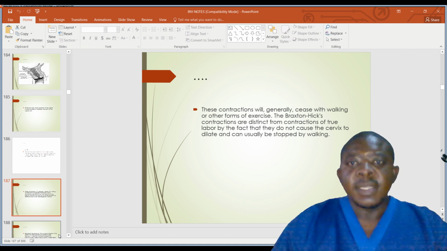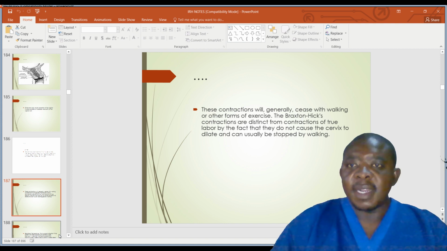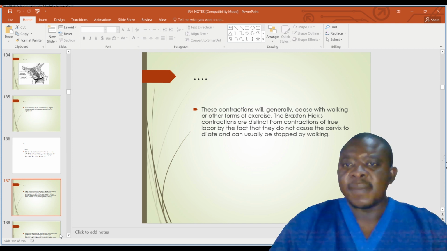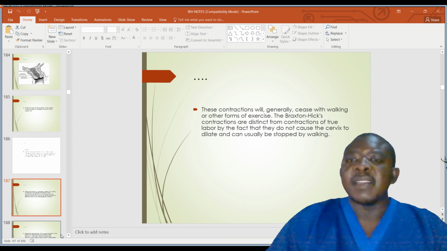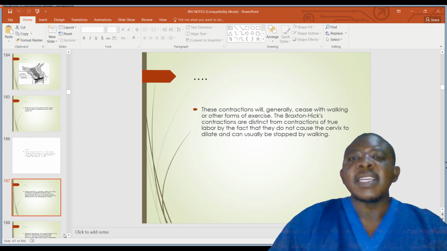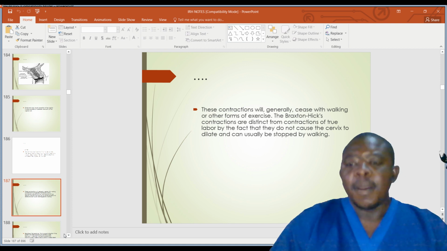This contraction will generally cease with walking or other forms of exercise. Braxton-Hicks contractions are distinct from contractions of true labor by the fact that they do not cause the cervix to dilate and can usually be stopped by walking.